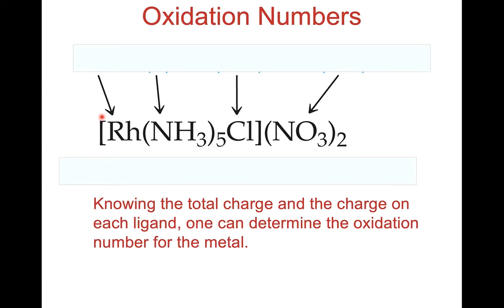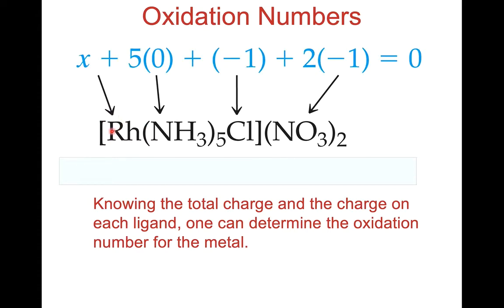And so ammonia is a neutral molecule, and it still is. Chloride has a -1 charge. Each nitrate has a -1, so -1 for chloride, -1 for nitrate, -1 for the other nitrate. There's 3 minus, and the entire thing is neutral, and so this has to be a rhodium-3 that we have here.